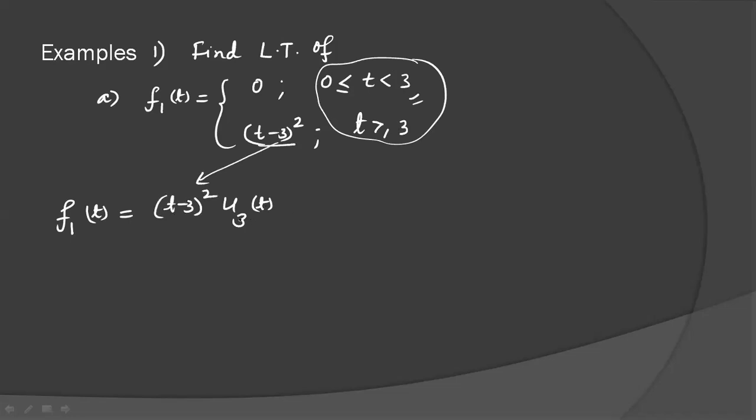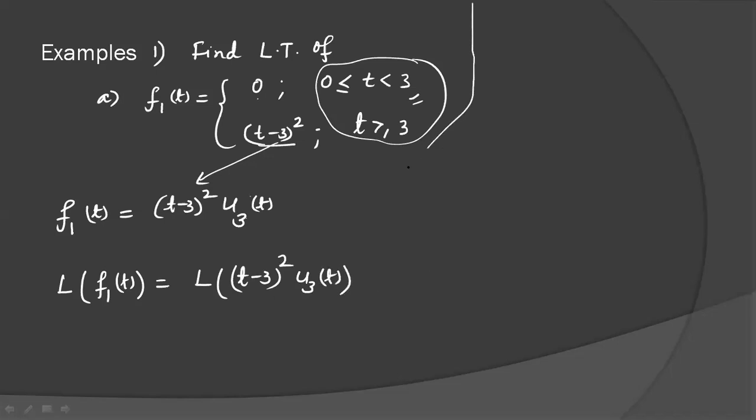Now you can see that if t is less than 3, this value will become 0, and ultimately the product will become 0. When t is greater than 3, this value becomes 1. So if you are interested in the Laplace of f1(t), it is Laplace of (t minus 3) whole square u_3(t). It does not depend on which result you are interested in, but I will advise always using this result, f(t) into u_a(t).